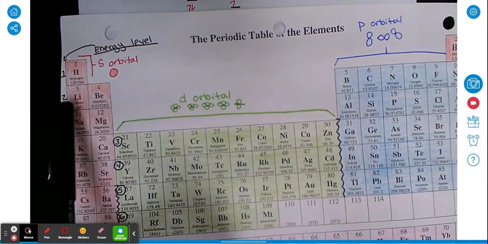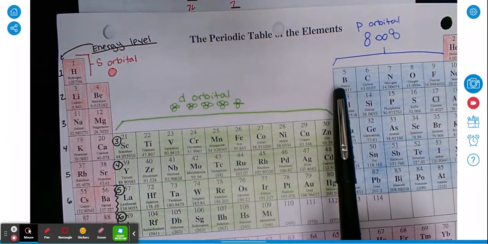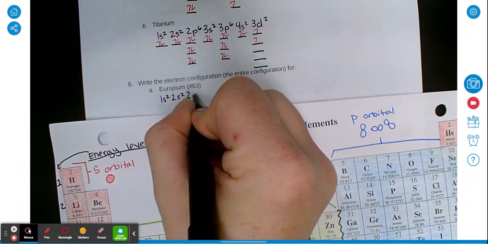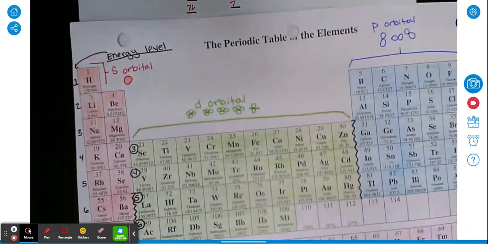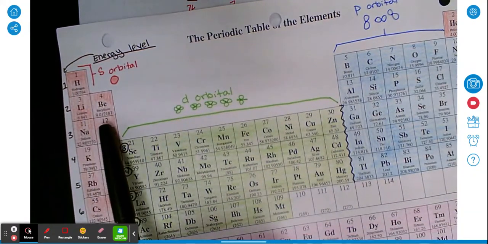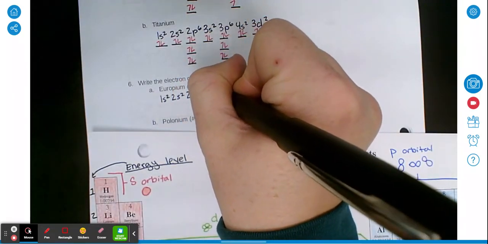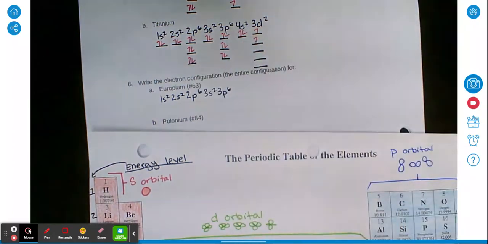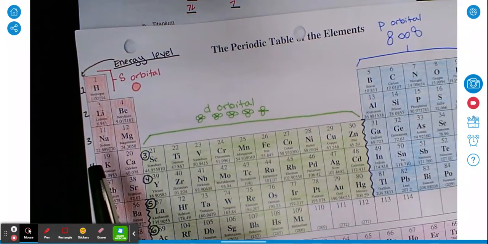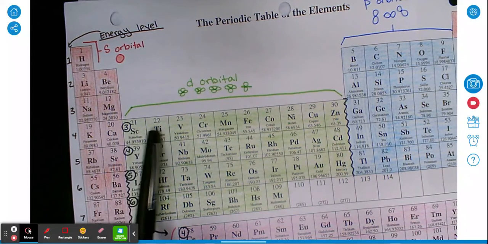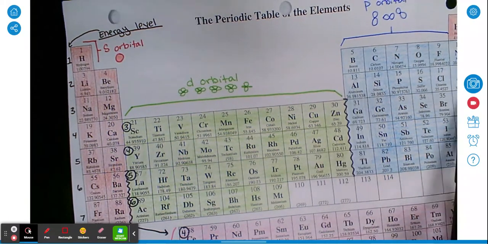Row 2, 2s2, 2p6. Energy level 3, 3s2, 3p6. Energy level 4 is where the funny stuff starts. 4s2, 3d10, 4p6.